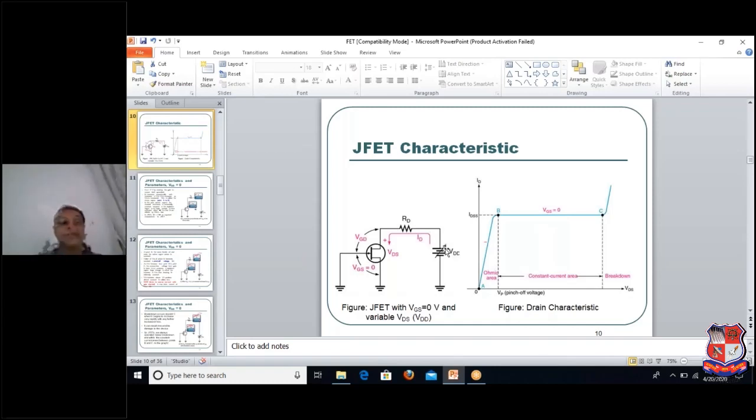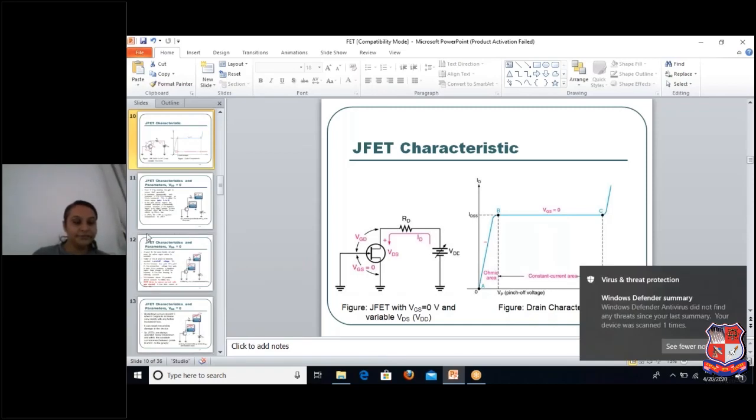From the power supply, because here we apply the DC voltage, whenever you connect the power supply, your output voltage, your VDS voltage, will generally increase.